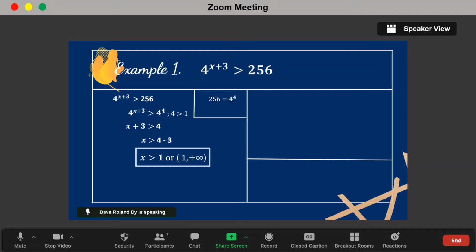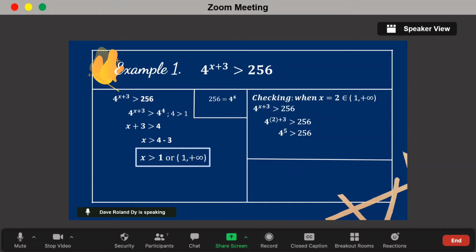Let us check for the answer. To do this, we have to choose a number that belongs to the domain. For this, let x be equal to 2. Let us replace the x in the problem with 2. Now we have 4 raised to 2 plus 3 is greater than 256. So 2 plus 3 is equal to 5.